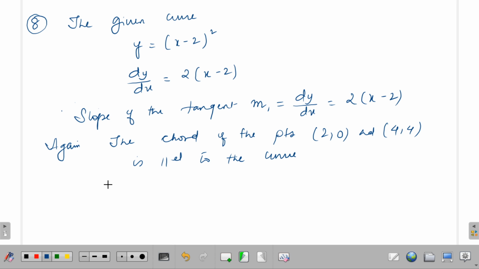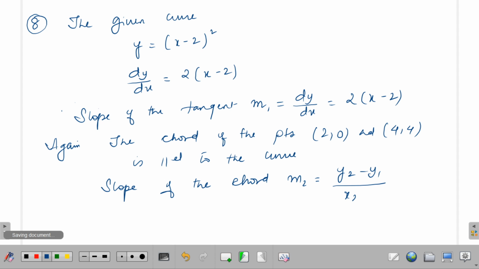So I can say that your slope of the chord, let's make it m2, according to the formula, is nothing more than your y2 minus y1 divided by x2 minus x1. So your y2 happens to be 4, so that will be 4 minus 0 divided by 4 minus 2. So in short, your m2, I got it to be nothing more than your 2.